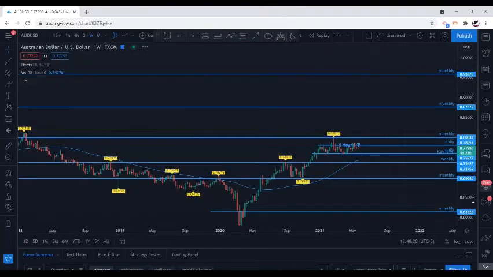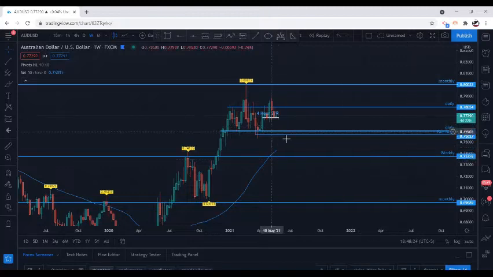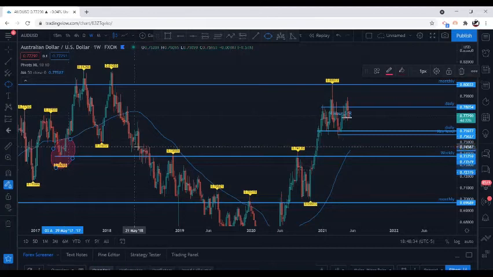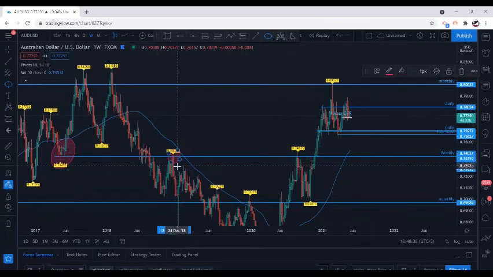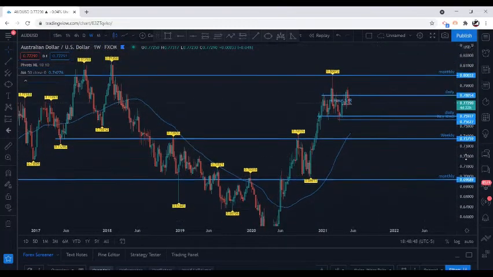So if we go down on our weekly chart and identify our weekly levels now, we can see that on the weekly chart we had price reacting here, here, here. So I drew in that weekly level. So that is basically how I got all of these monthly and weekly levels.